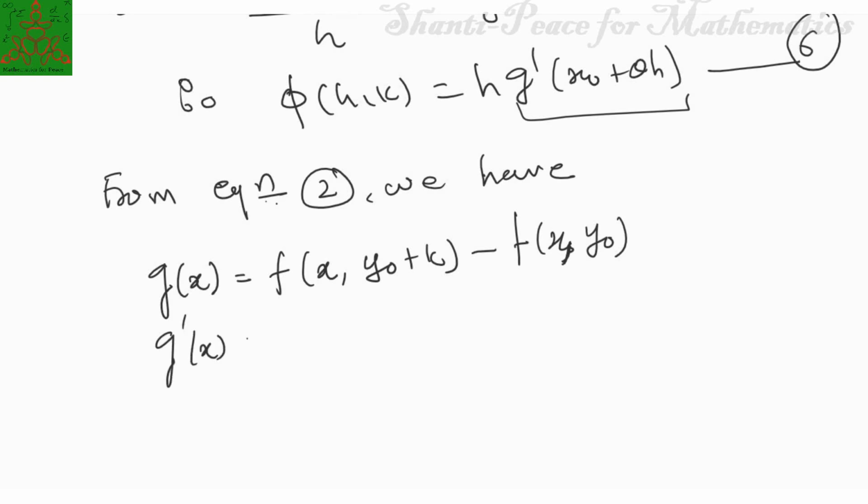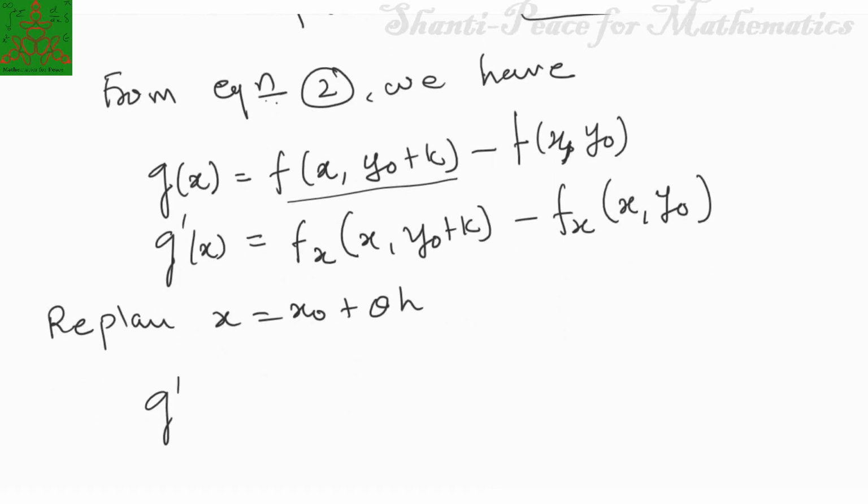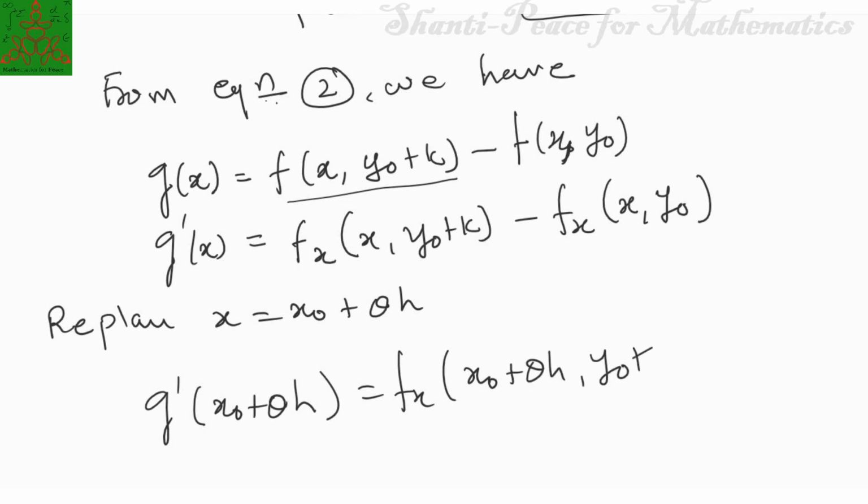If I differentiate this, and this is a function of two variables, so it is fx at (x, y0 + k) minus fx at (x, y0). Now, replacing x by x0 + theta h, we have g'(x0 + theta h) = fx(x0 + theta h, y0 + k) - fx(x0 + theta h, y0).